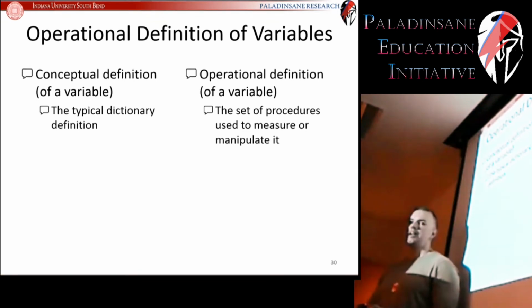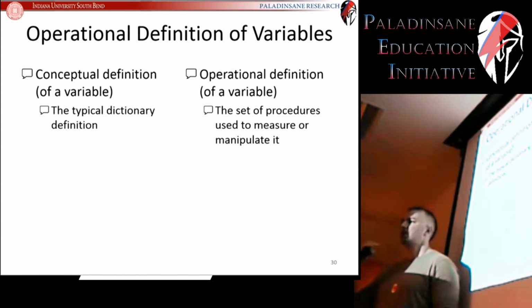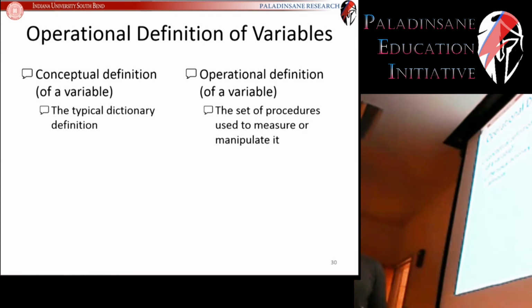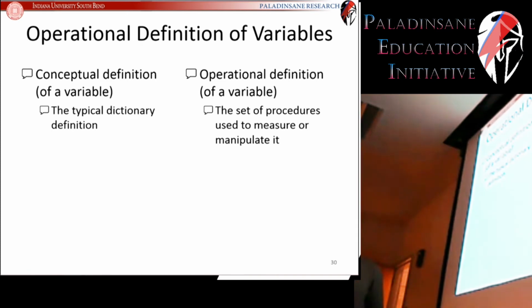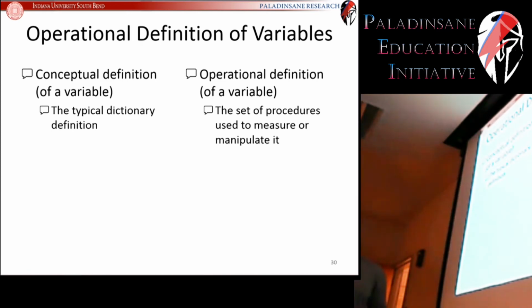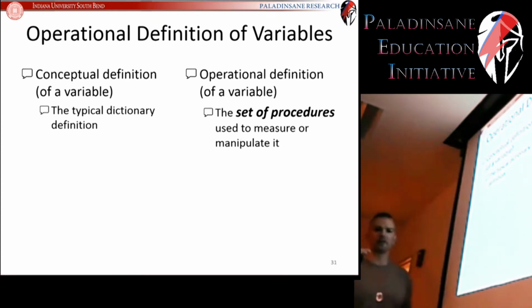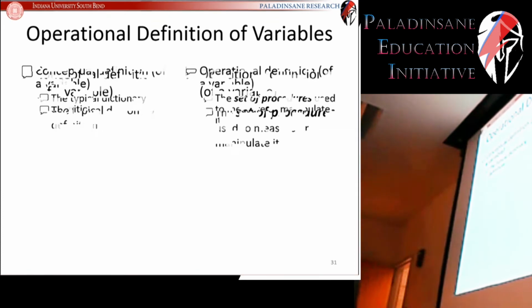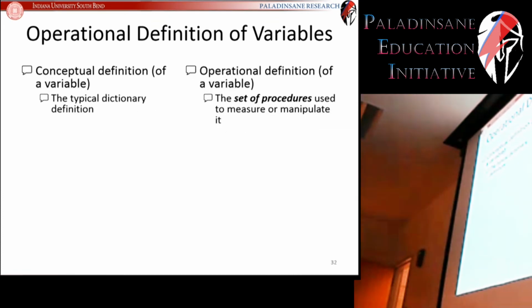It is the set of procedures, the actual physical moves that you are going to do in order to measure or manipulate that particular variable. So it's literally the operations that you do to measure this variable. That's very important to know. You have to very well define the set of procedures that you're using.